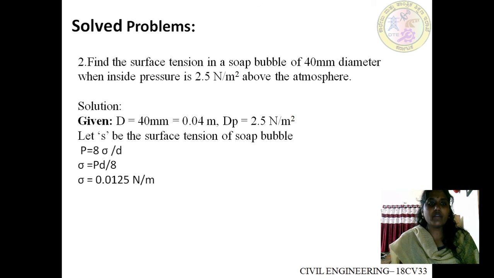The formula we have to use for the second case, hollow bubble, is P is equal to 8 sigma by D. To calculate sigma, the formula reduces to PD by 8. Pressure is given, diameter is given, so sigma will be 0.0125 Newton per meter.